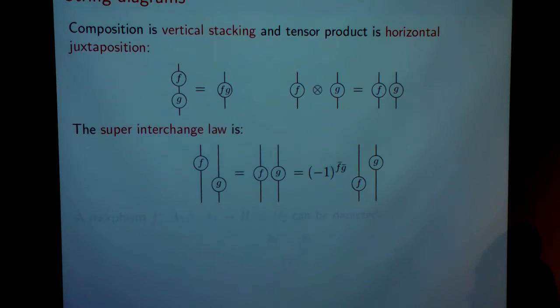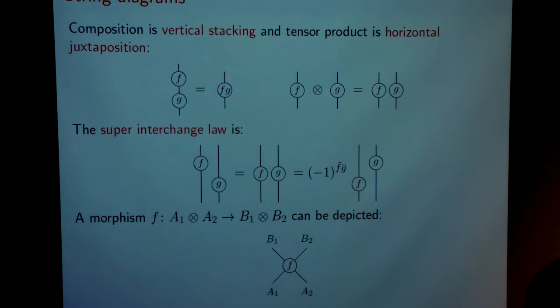That's really the only difference when you deal with these in terms of diagrams: you have to keep track of this sign that sometimes pops up when odd morphisms change height. The rest is all the same. And often we'll have a morphism whose domain and codomain are tensor products of objects, and that'll be some sort of picture where we have strands coming into and out of it, where the strands are labeled by the factors in the domain and the codomain.